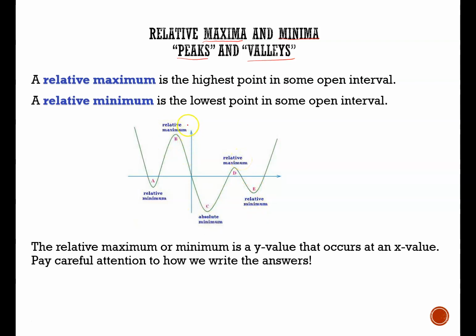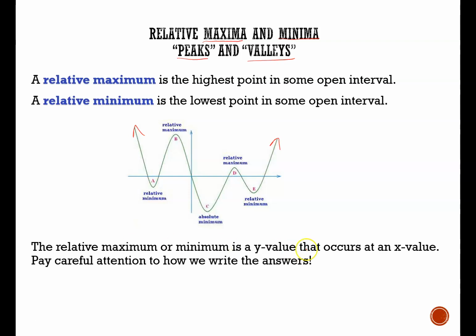So B would be a relative max and D. Those are high points in the interval around them. Now notice it doesn't even say absolute max, and that's because really this should have arrows. It keeps going up forever, so it doesn't have a highest point for the whole graph.